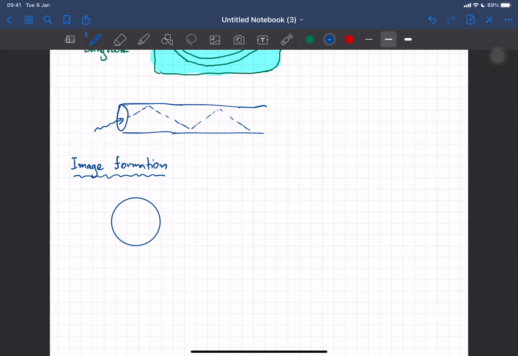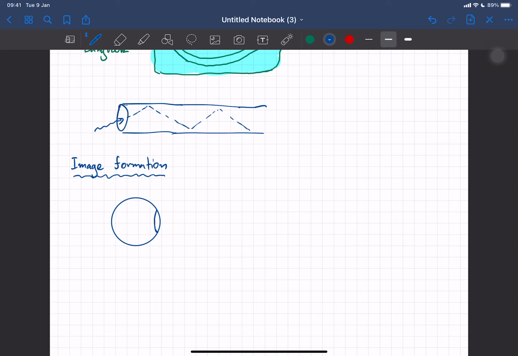To a very good approximation, our eye is just a spherical ball of some liquid contained inside this ball, and we have kind of like biological glass at one entrance of the ball.